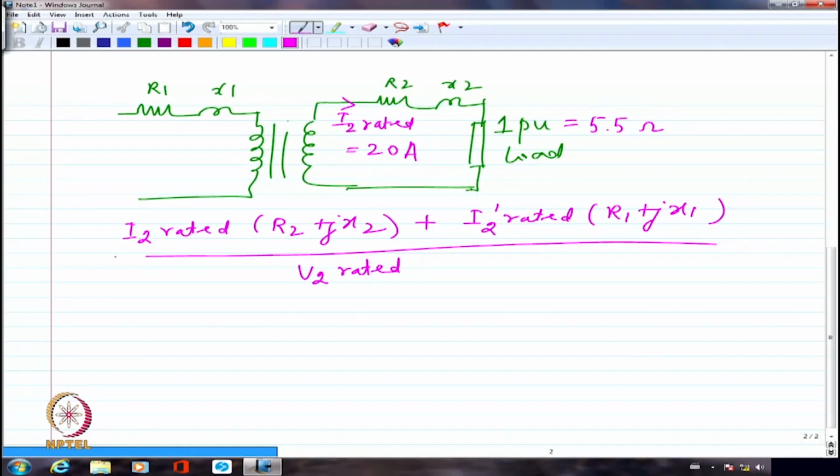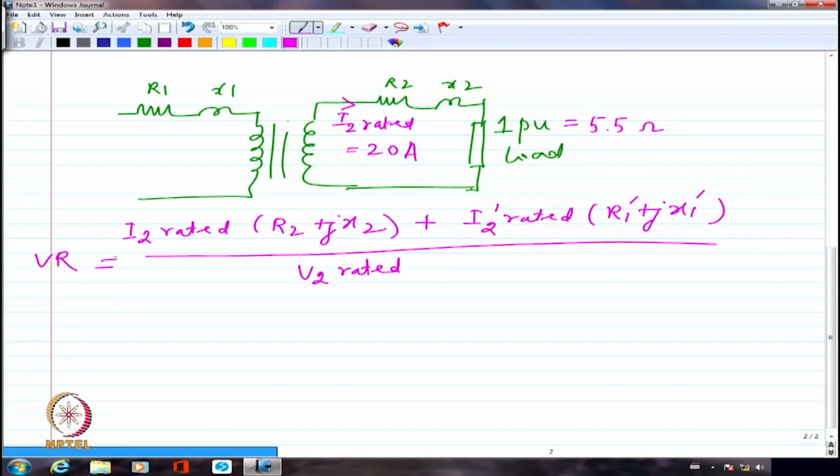So, the voltage regulation is essentially defined like this. And what I am looking at basically is the current that is being taken from the secondary side directly multiplied by the secondary impedances, and current that is translated into the primary side, I have to write of course R1 plus JX1 dash. So, I have to translate everything to the secondary side now because I am talking about everything from the secondary side viewpoint, right?